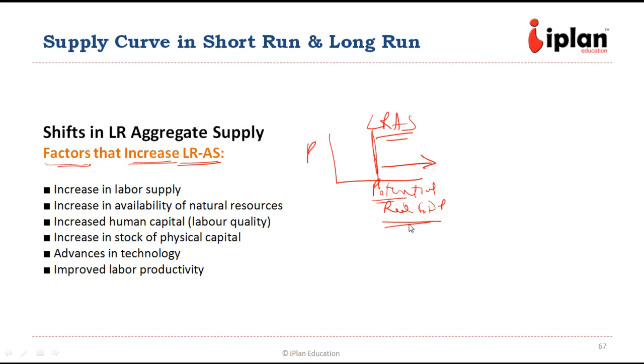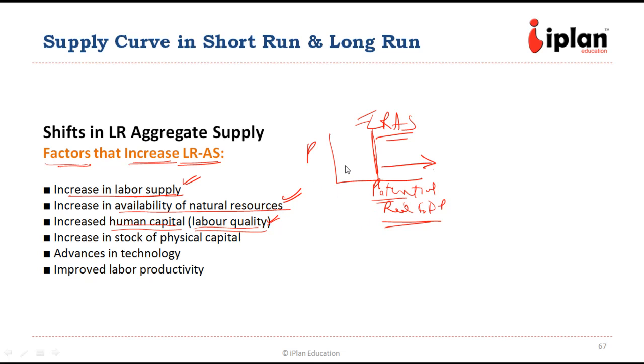But if there is an increase in labor supply, then it can shift rightwards. If there is an increase in the availability of natural resources, then also this potential real GDP or long run aggregate supply curve can increase. If the human capital is improved, or the quality of labor, the skill set of labor has been improved, that also will contribute to a long run rightward shift in the aggregate supply.